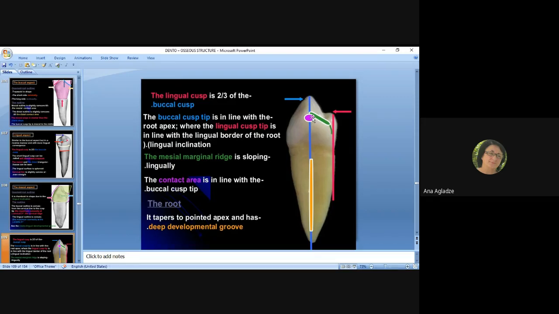You can also see these marginal ridges, which slope lingually, and this is the lingual cusp tip here, and the contact area is in line with the buccal cusp tip. The root is straight and tapered with a pointed apex, and has a deep developmental groove in the middle.